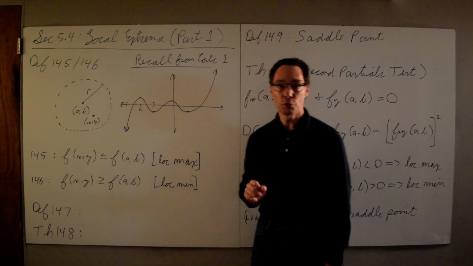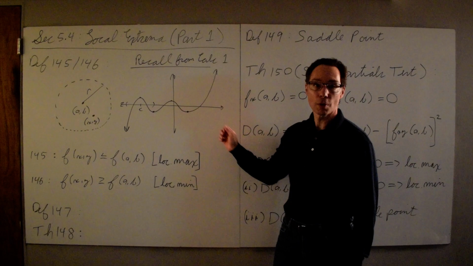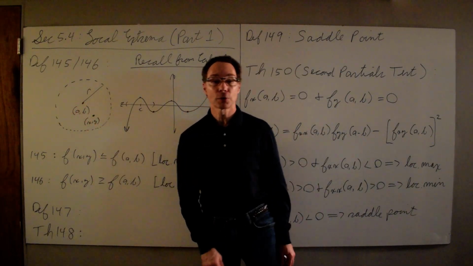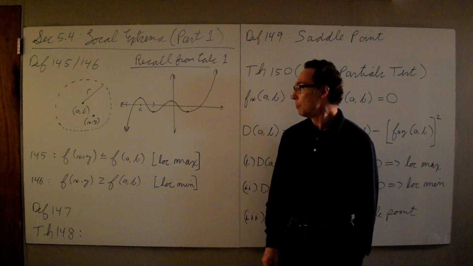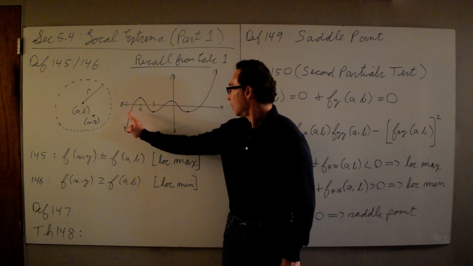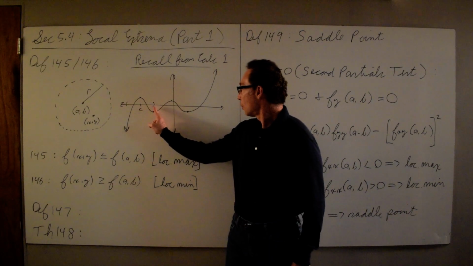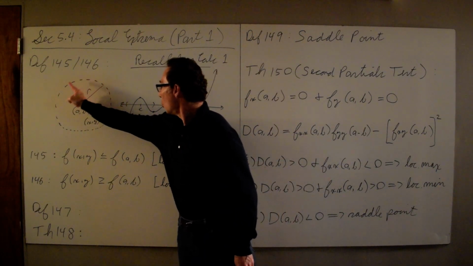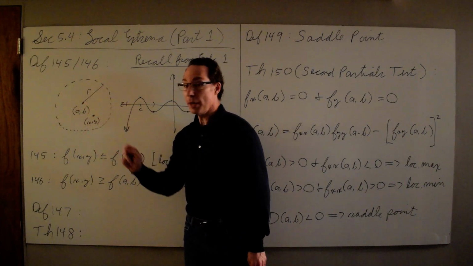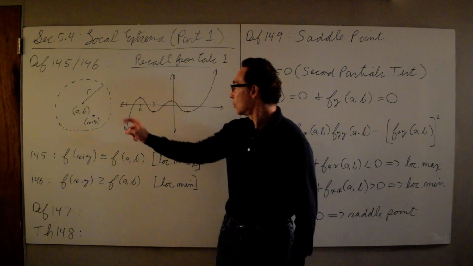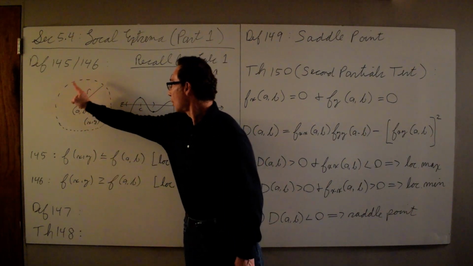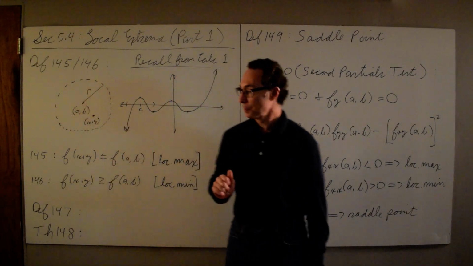Now for a function of two variables, we have something similar. We're going to talk about what it means to have a local max or a local min at the point (a, b). Now in the real line, we take an open interval around a number. In R2, we take an open disk around a point (a, b). So we just take the circle of radius r around (a, b), not including the boundary.